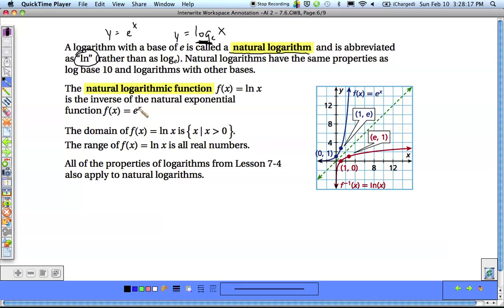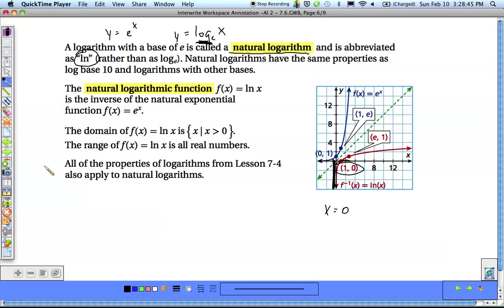Natural logs have the exact same properties as logs with base 10 and other bases. It still has an x-intercept of 1, follows the same shape as every log function, and has an asymptote at x equals 0. The domain is greater than 0, since the graph can't cross x equals 0. The range, the y values, is all real numbers.